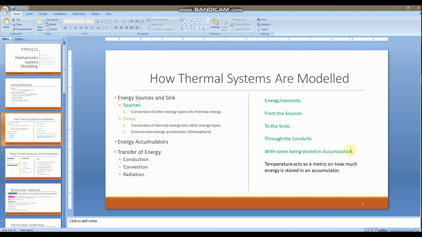So that's what accumulators are and what accumulation is. The indicator of how much energy is stored is, of course, once again the temperature.